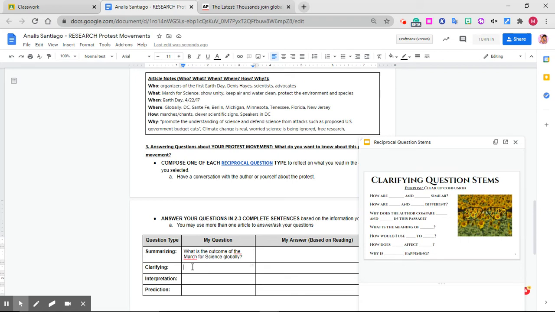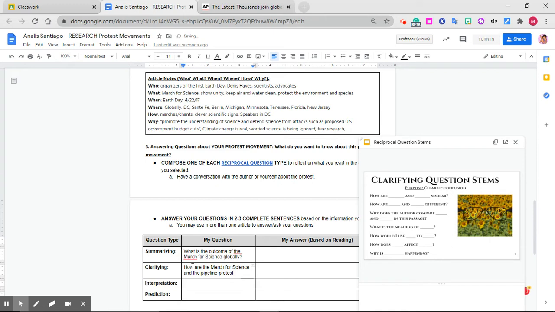Maybe I could think of how are the March for Science and the pipeline protests similar. That's what I read about before. That's what I did my objective summary about, so I can answer that question.